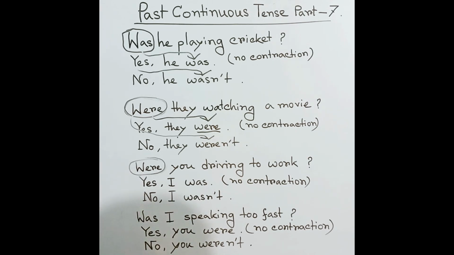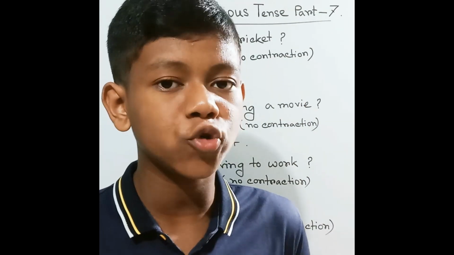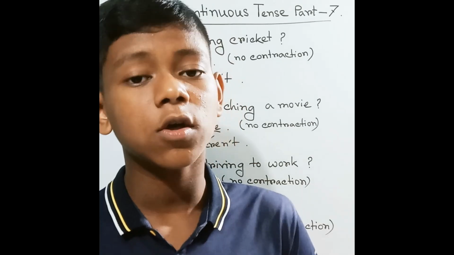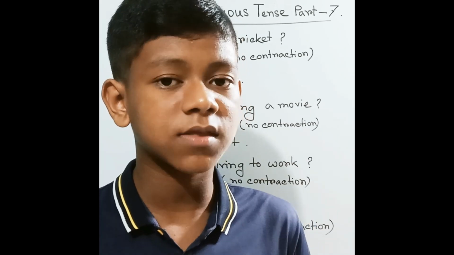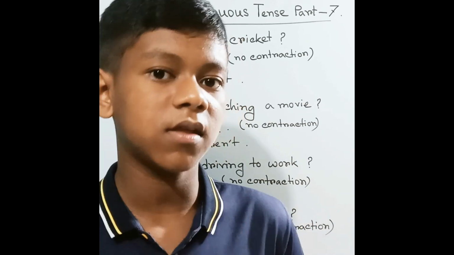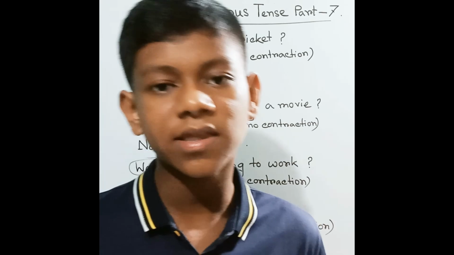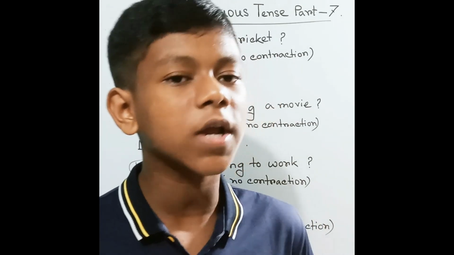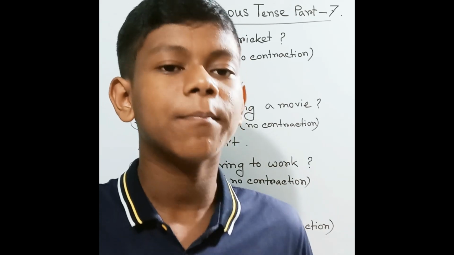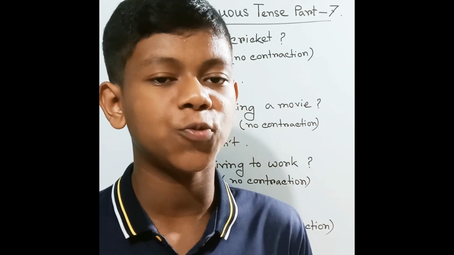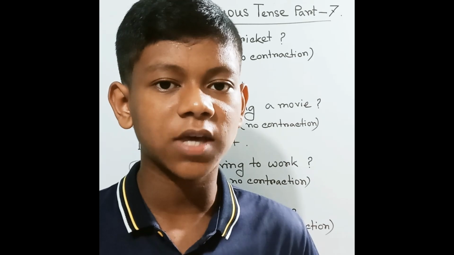Next, for example, I am asking you a question: was I sleeping? Was I doing this work? Sometimes I can forget. So you can answer me by addressing me as you, because you are answering my question.